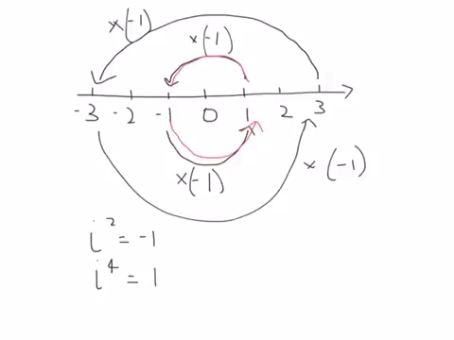So timesing by i squared is like a rotation of 180 degrees, or pi radians, and then when I multiply by i squared again, it's bringing it back to the original position. So timesing by i squared is the same as a rotation about 0 in an anti-clockwise direction of pi radians.